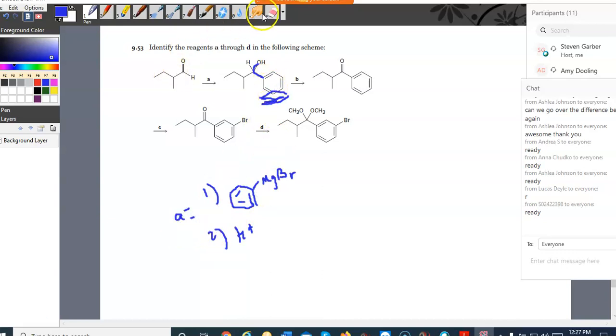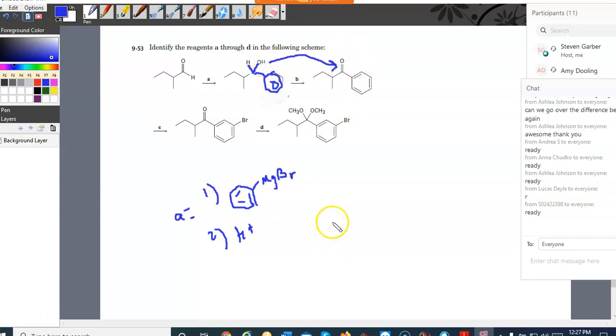All right, then the next one. Let me rewrite it. We're starting with the alcohol, and we're going to a ketone. So from an alcohol to a ketone, we are oxidizing.